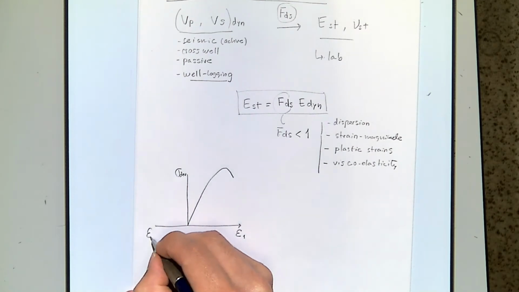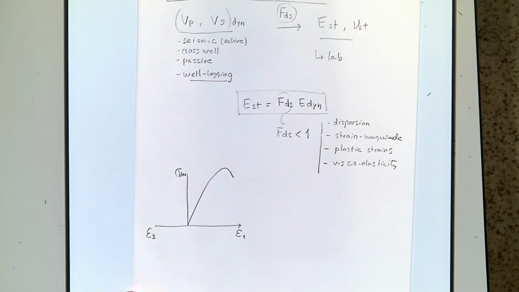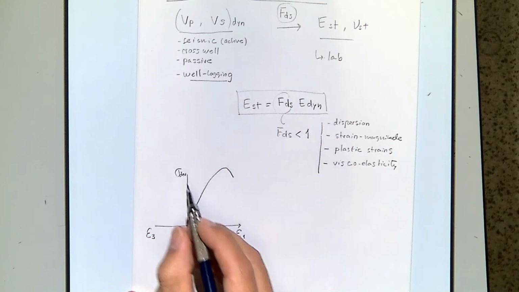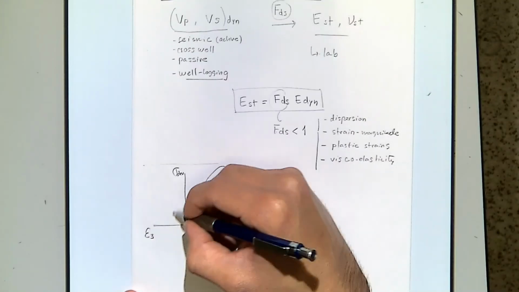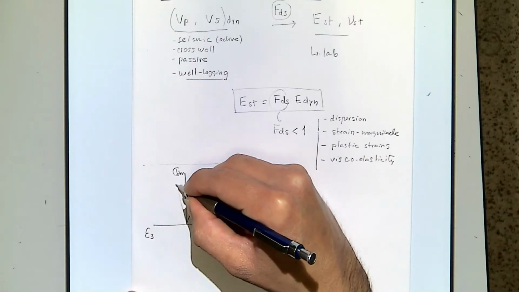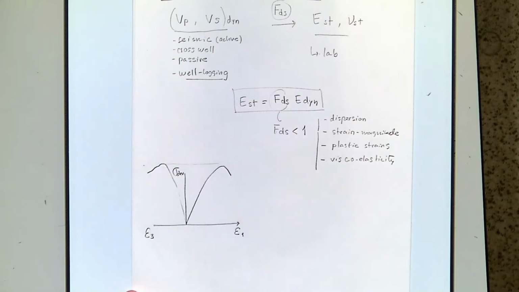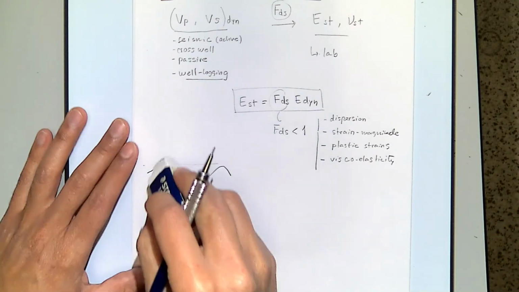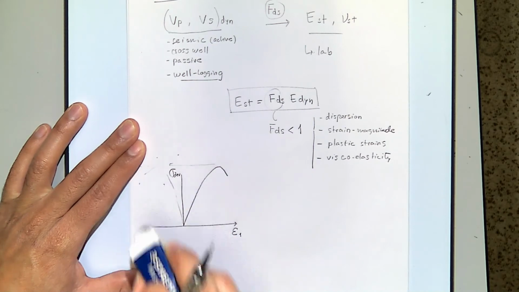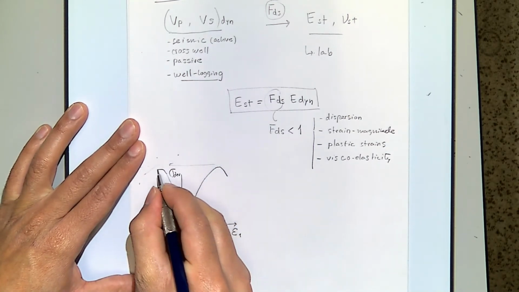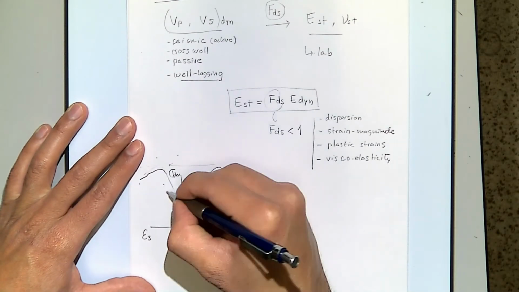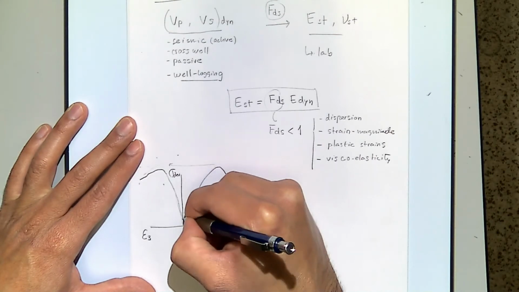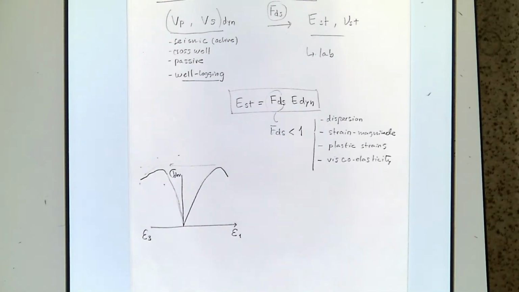And if you were to monitor the radial strain, you will see something similar to this. From that laboratory data, you can get the Young modulus and the Poisson ratio, right? You know how to do that.